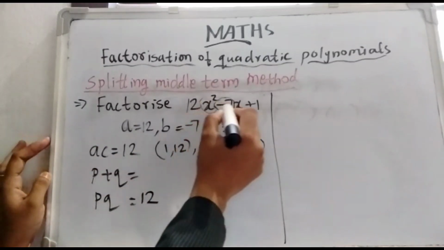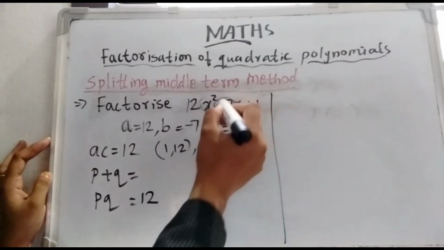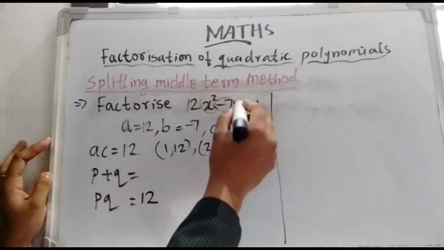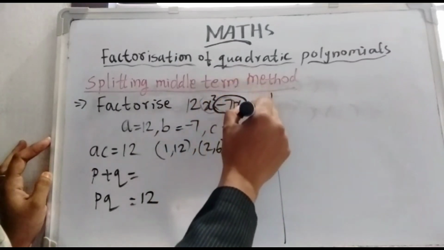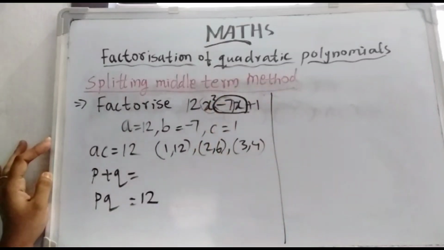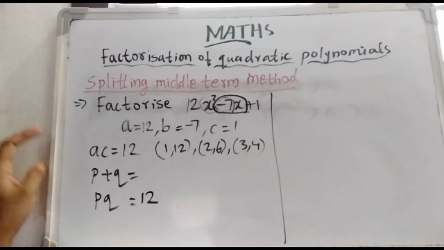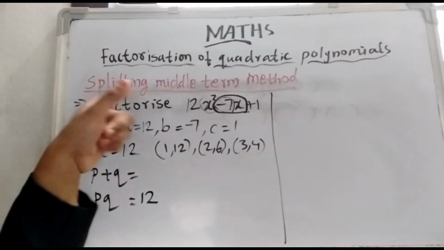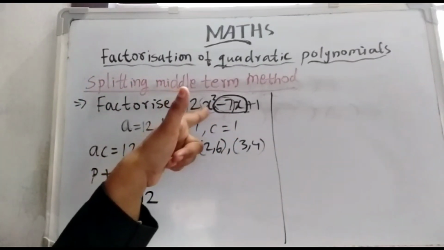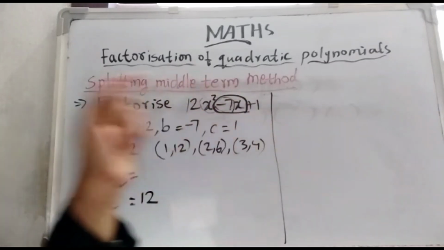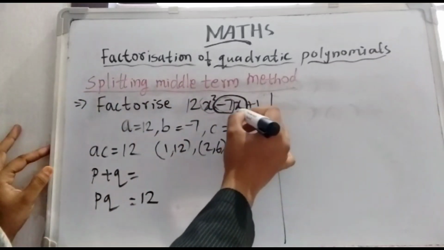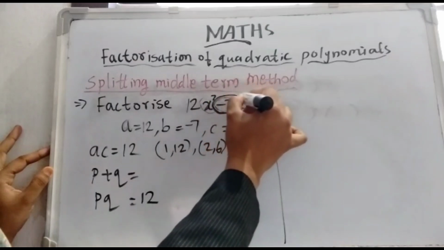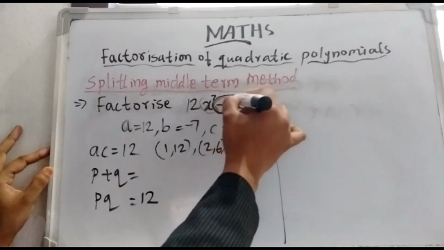See, 12x square minus 7x plus 1. What is the middle term of this quadratic polynomial? Minus 7x. We are going to split this. What is the name of this method? Splitting the middle term. So here the middle term is minus 7x, and we are going to split this minus 7x.